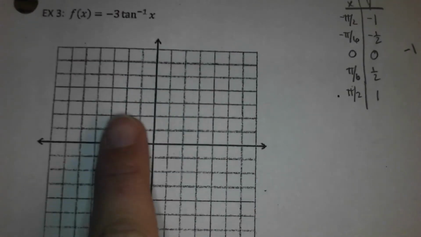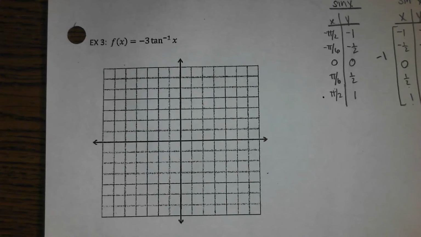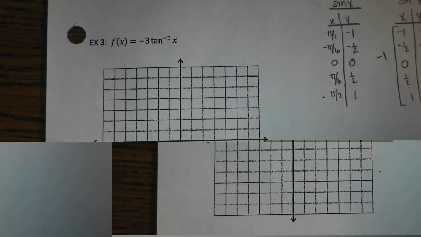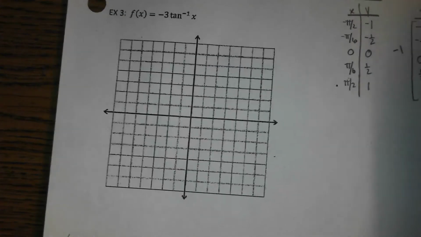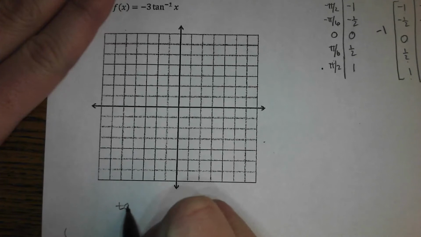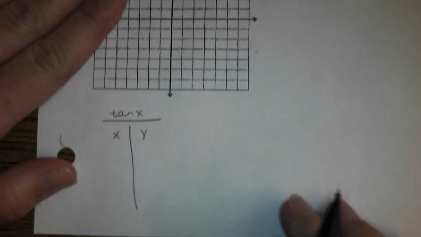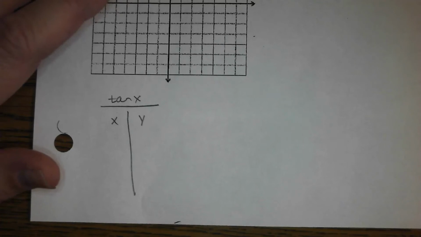In our third example here, this is going to be stretched vertically by a factor of negative 3, which is actually stretched and reflected, correct? So let's go to our initial table of values for tangent. And since we're dealing with inverse tangent eventually, which quadrants should we limit this to? First and fourth.